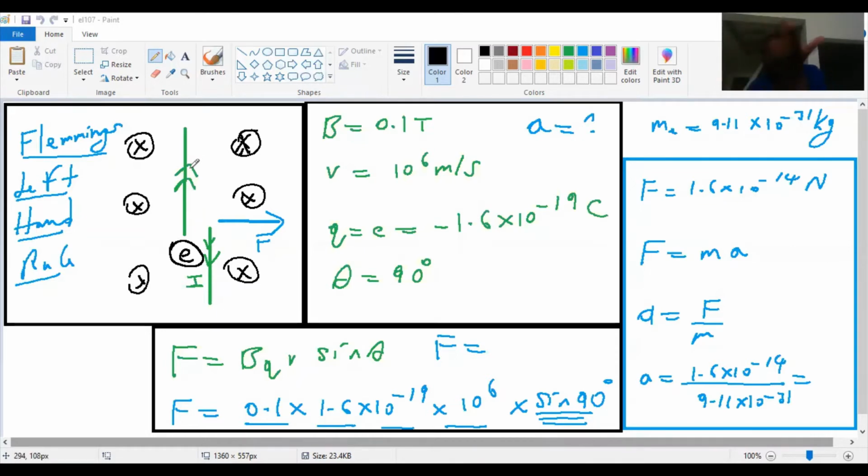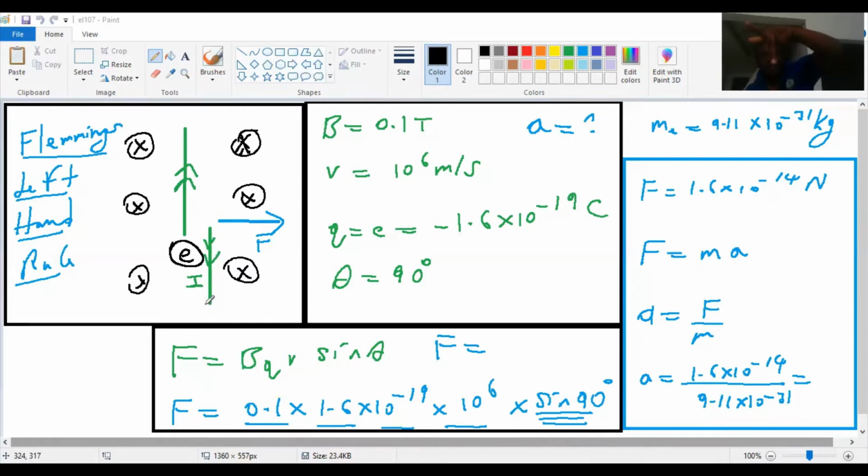My middle finger should point in the direction of the conventional current, or in the direction in which positive charges move. And of course, you'd have done this in module 3 as well. So my middle finger should be pointing downwards. If electrons are moving up, then positive charges would have been moving in the opposite direction, or conventional current is moving opposite to electron flow.